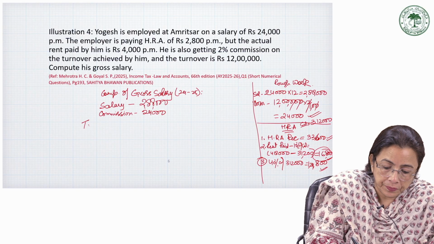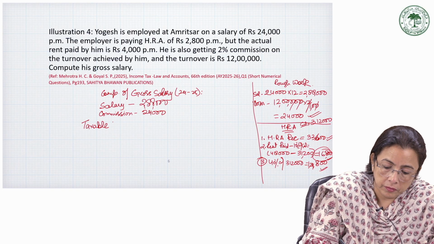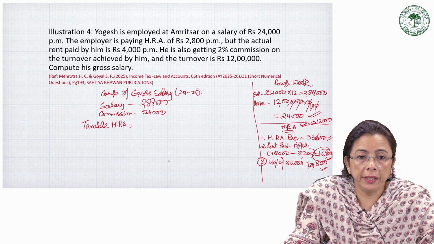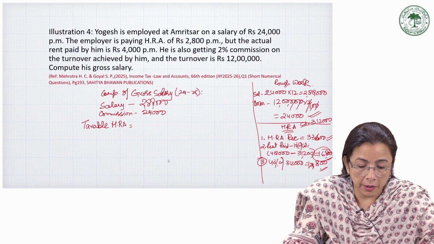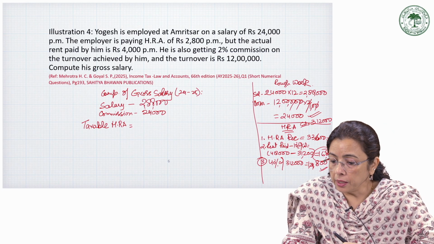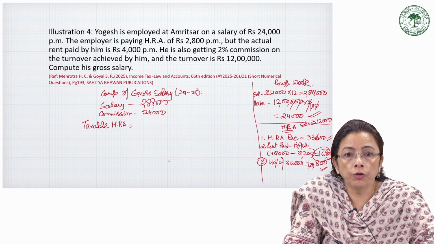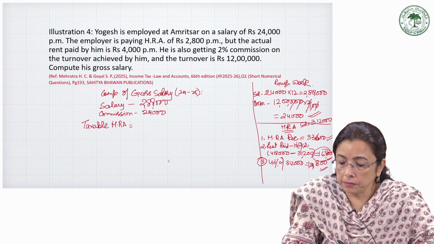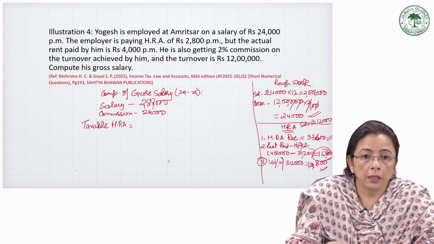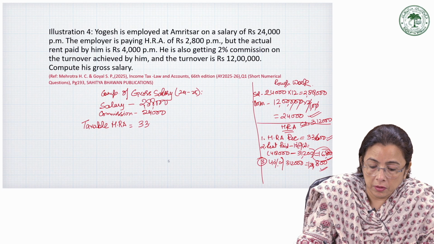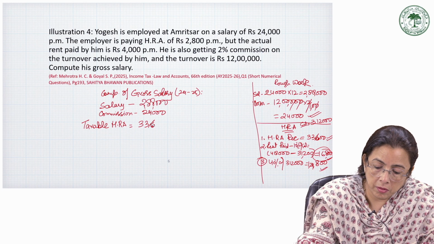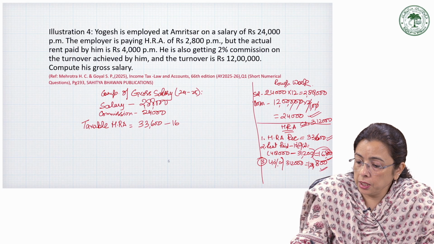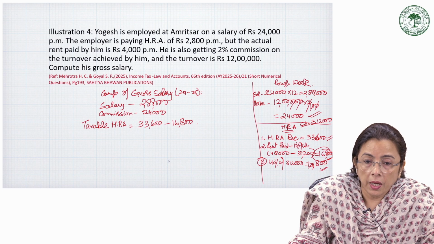So the taxable HRA will be the total amount received as HRA, which was 2,800 per month, that makes it 33,600, minus 16,800.